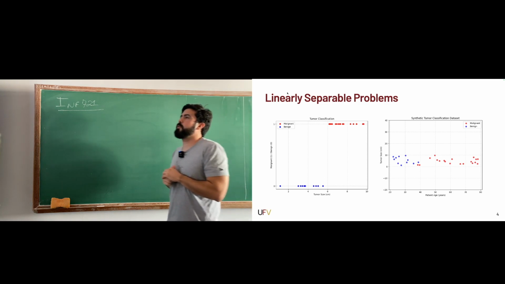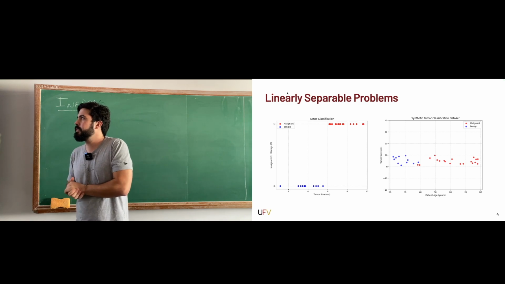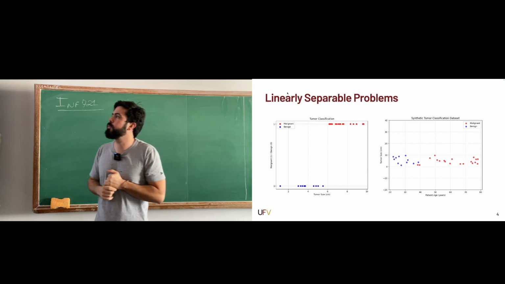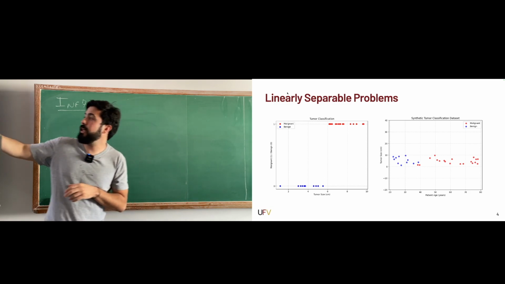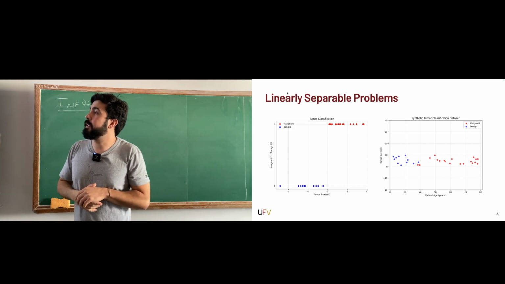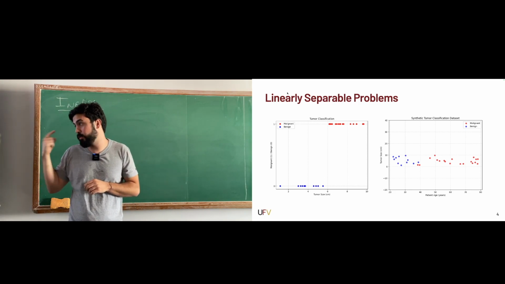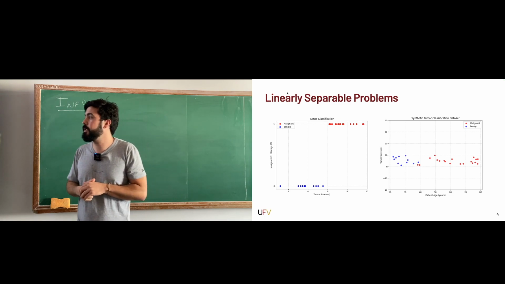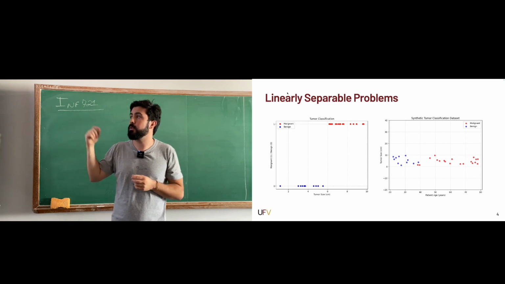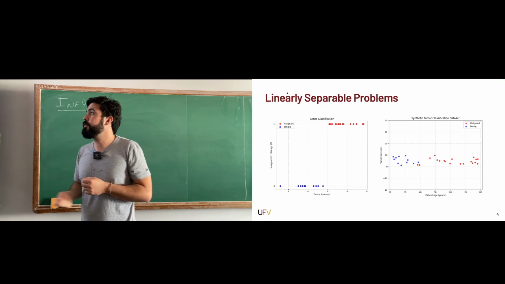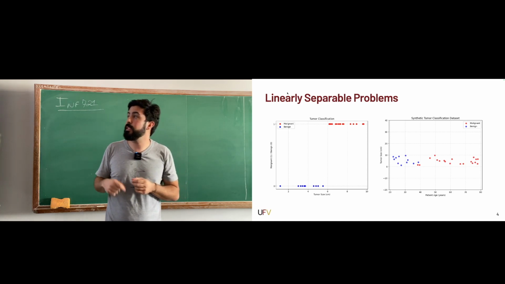So up to now, we've been talking about linearly separable problems. Last class, we actually used this idea of tumor classification. And here on your left-hand side, we have a one-dimensional version of that problem where our input feature is one value, the tumor size in centimeters. And then we want to predict a binary class, which is either 0 or 1. And 0 in this case means benign tumor, and 1 means a malignant tumor.